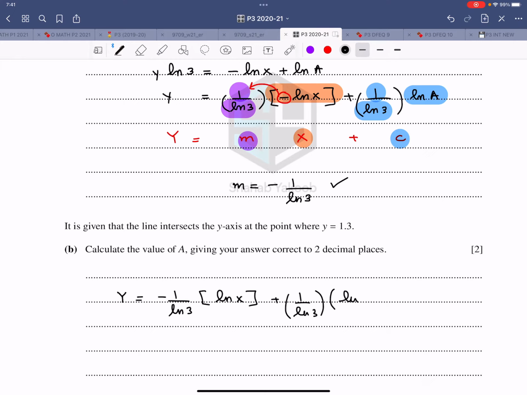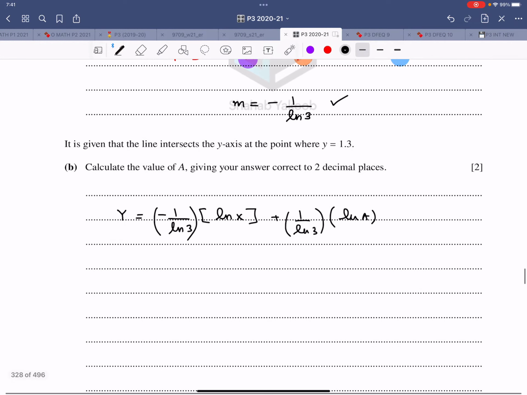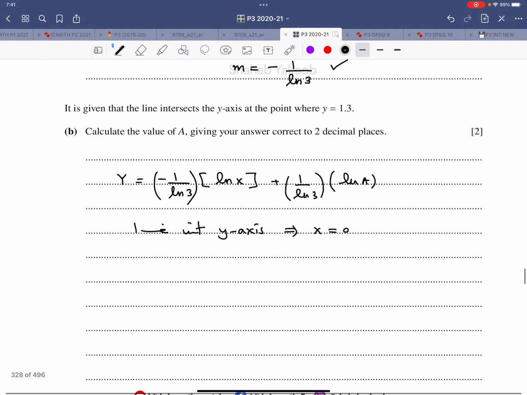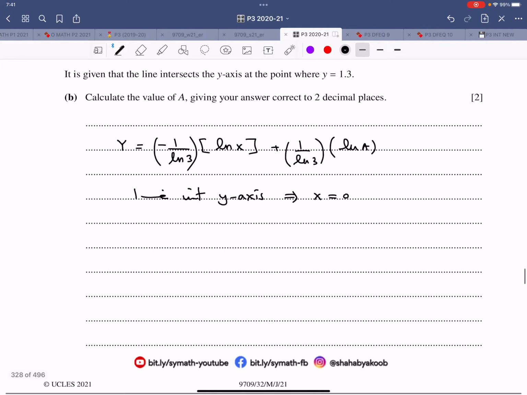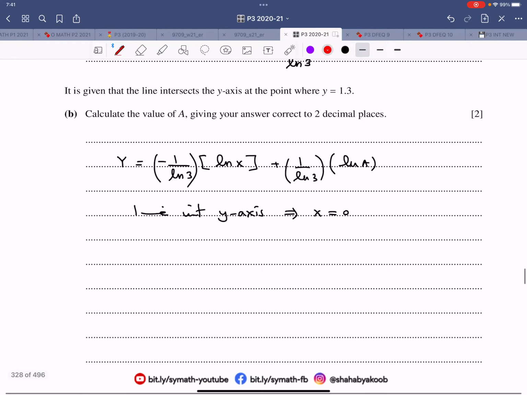It says it intersects the y-axis. When the line intersects the y-axis, the x coordinate is 0. But over here, the x coordinate is not x as such. In this scenario, it's ln x. So ln x equals 0. x is e raised to the power of 0, which is 1.